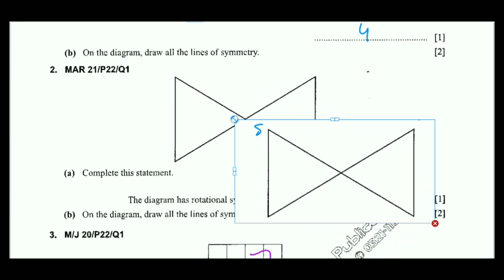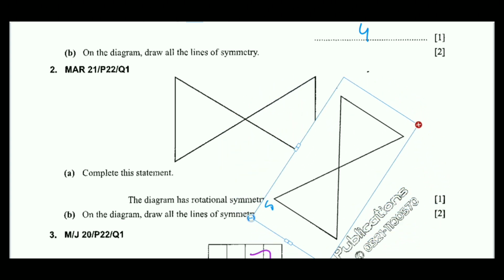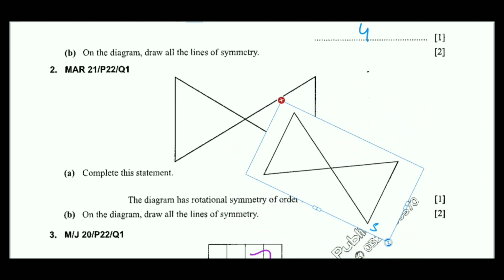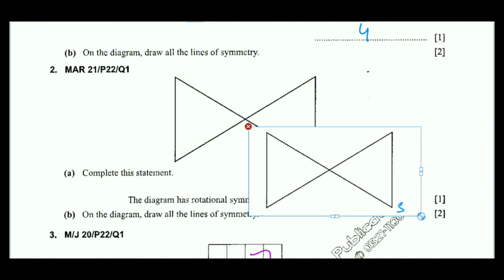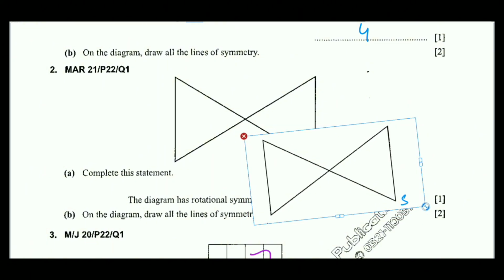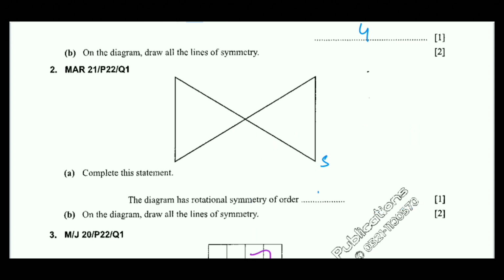This is the exact same shape one time. This is not the same shape, and the second time you can see 2 times. If you rotate it 2 times, you can see that this will become exactly the same shape. It means the order of rotational symmetry of this shape is 2. So you will write here 2.